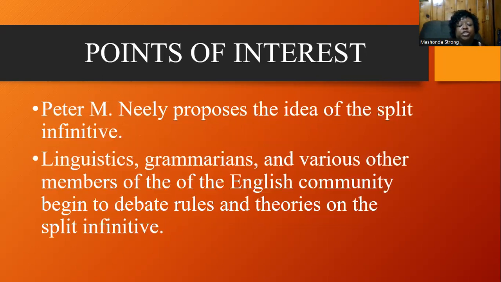So just to re-emphasize, we know that an infinitive does contain a verb. Usually it is preceded by the word to. Doesn't always have to be there, but we know that to signals the beginning of the what? Infinitive.